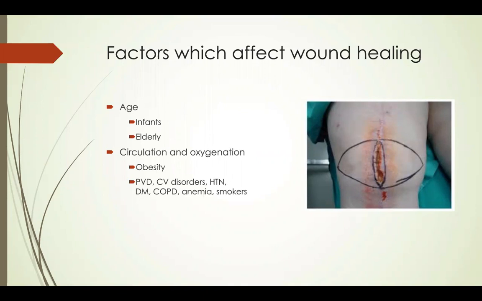Vasoconstriction happens, narrowing of the blood vessels. If that's the case, you're not feeding the wound as much. You're not able to give the nutrients to the wound when it needs it. Smoking impairs oxygenation and clotting as well. So those are also things to think about.